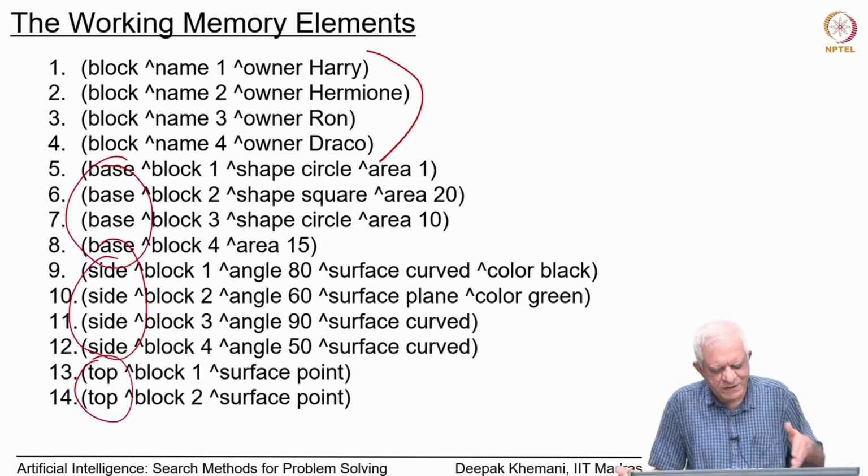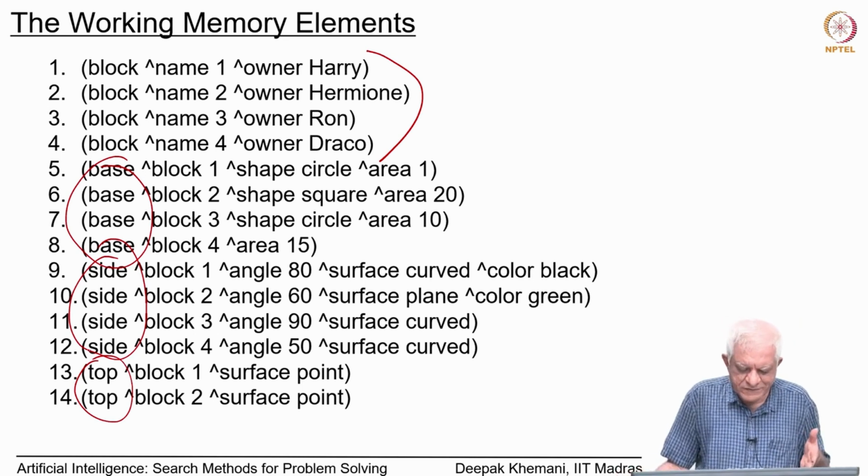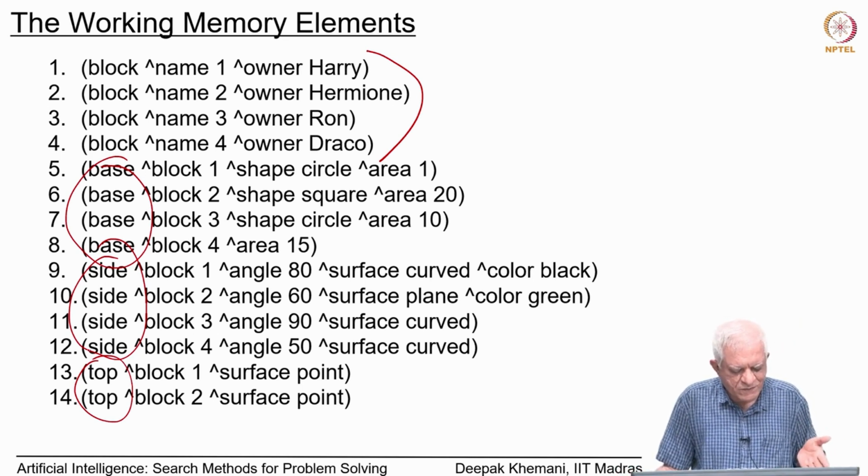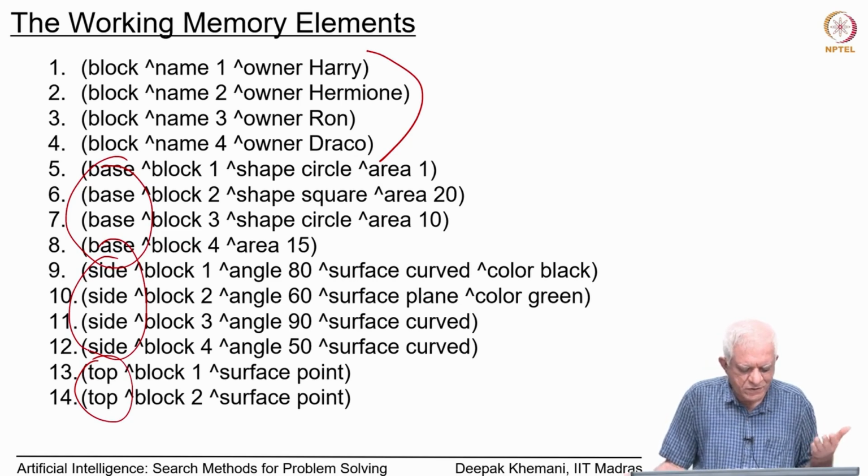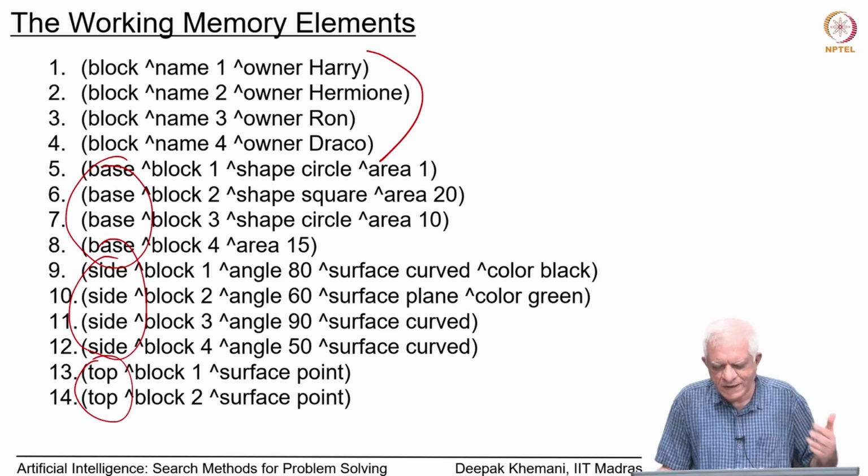So, you see in this particular working memory, there are only 2 descriptions of top. So, we expect that at most rule 1 and 2 will fire, or the rule that matches these pointed tops, which is the wand and the pyramid, will fire, and the others will not. You can add more data.